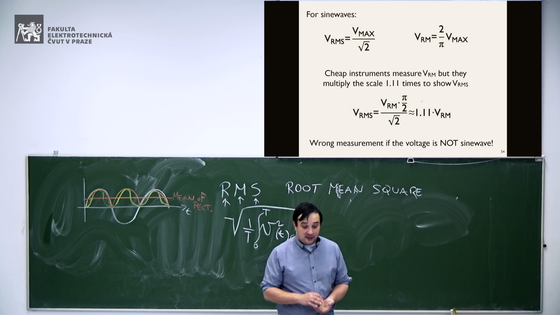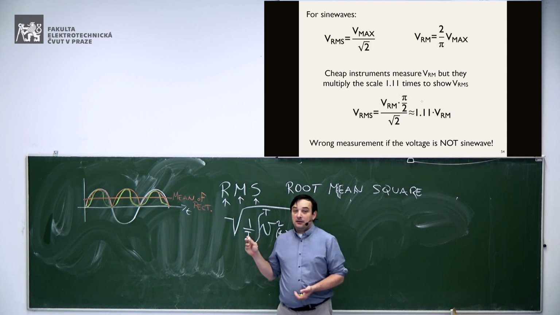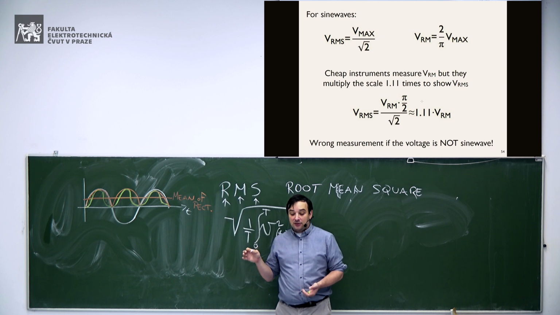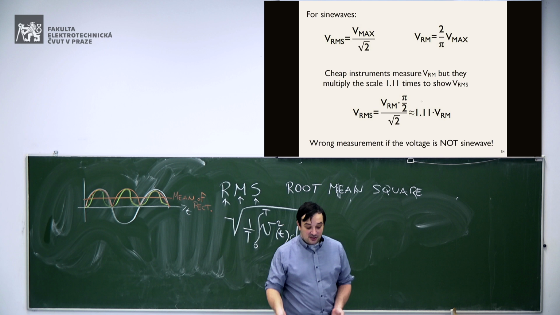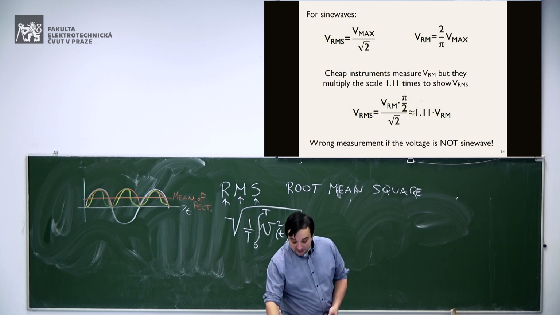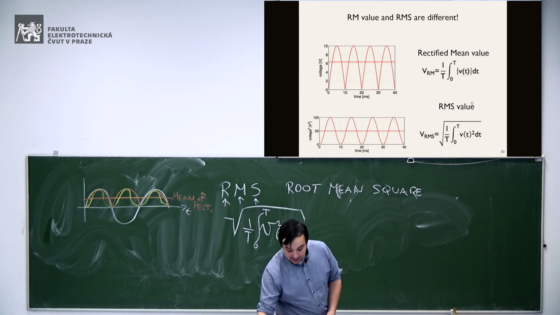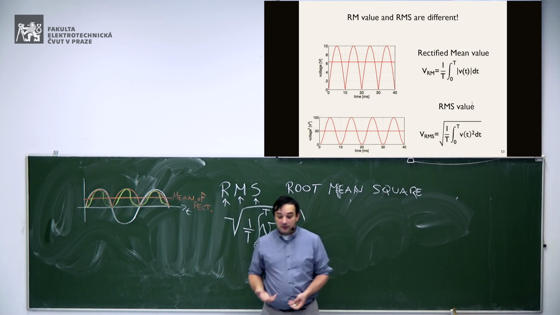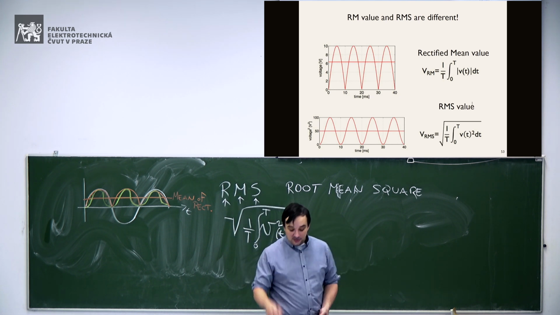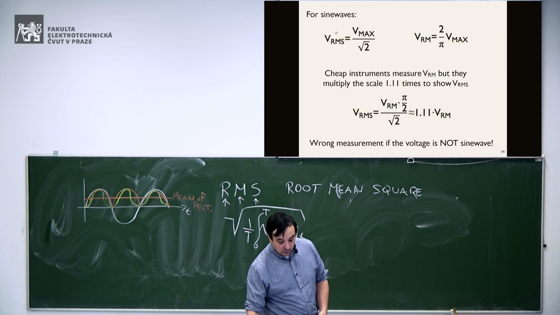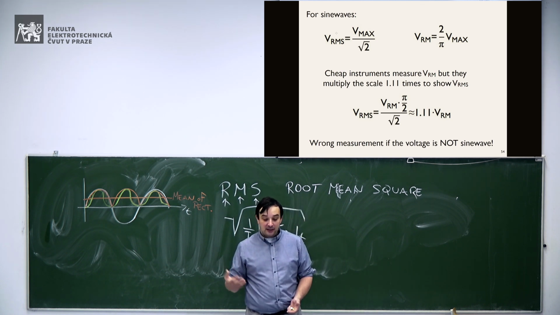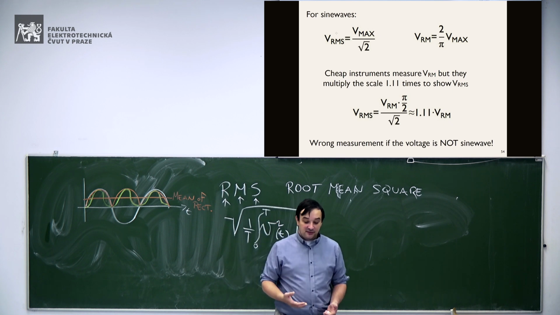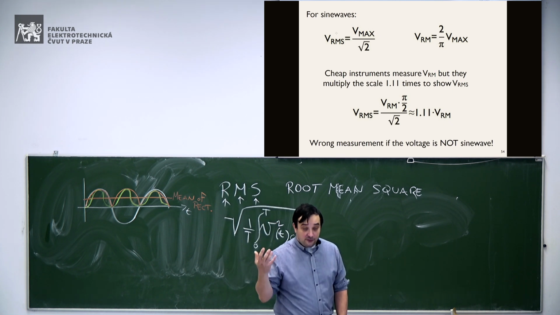This 1.11 ratio between the rectified mean value and the RMS value applies only for sine waves, because it comes from these integrals, okay? These integrals give you the maximum value divided by the square root of 2 to get the RMS, and 2 divided by pi times Vmax in order to get the rectified mean value, only for sine waves.